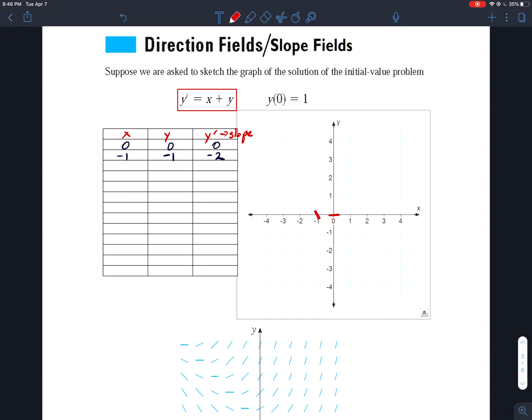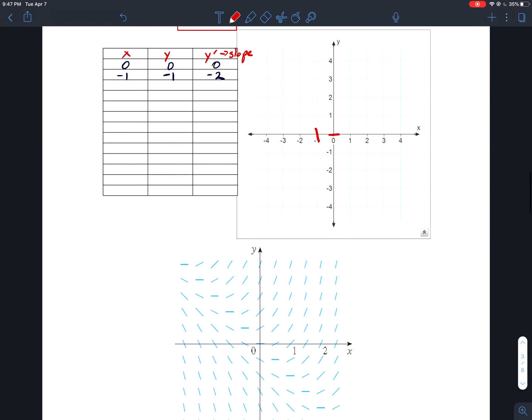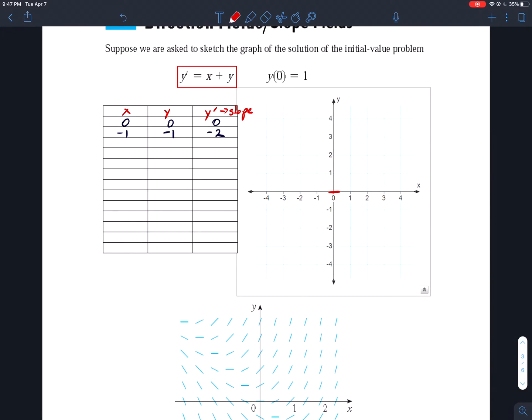That's probably a little bit too shallow. I have to go down 2 over 1. I think that's still too much. Let's say it's like that. There we go. Now, how do I know where it is? I don't, honestly.